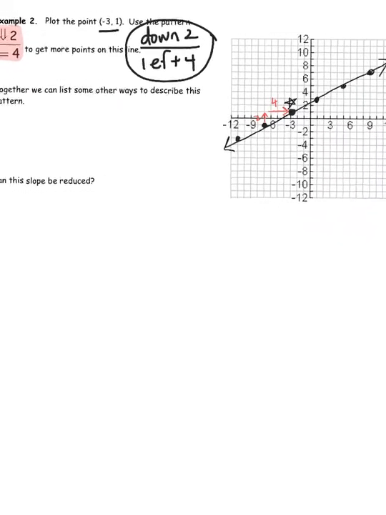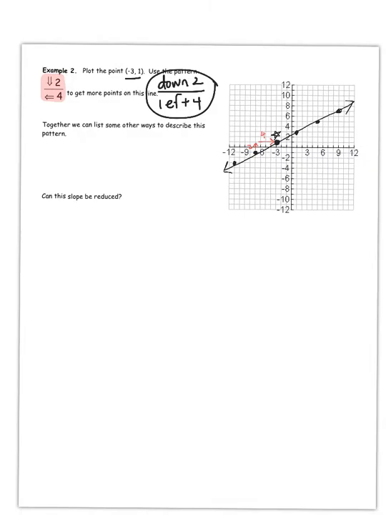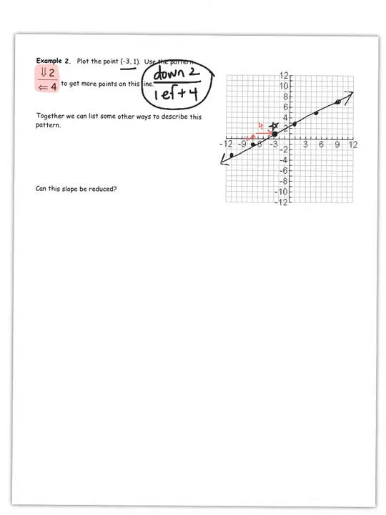So underneath, after we found our points, it says we can list some other ways to describe this pattern. Remember, we started with down 2, left 4, but we also found out that we could have said up 2 and to the right 4, and that really means the same thing in this case.